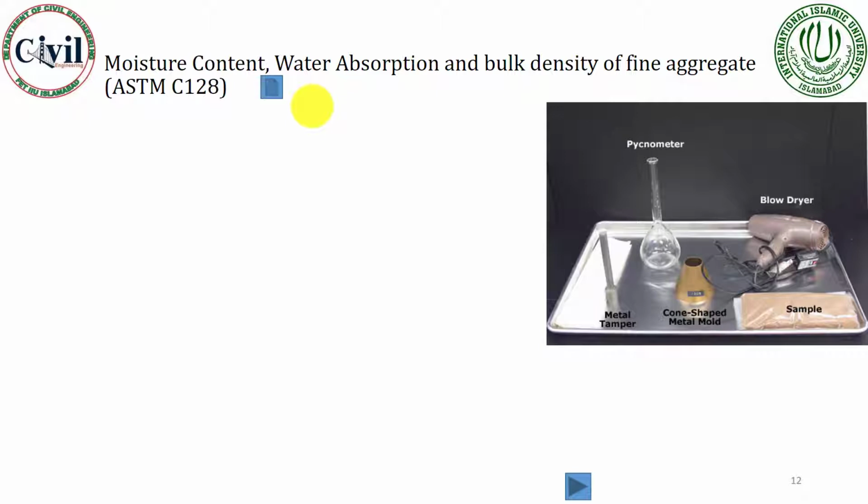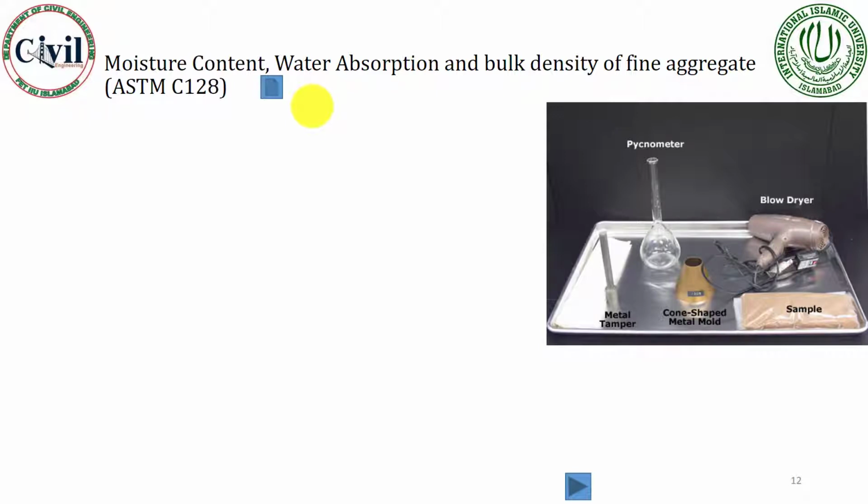Moisture content is basically the amount of water present in any specimen. Water absorption is different from moisture content. Moisture content is relevant to the water uptake of aggregates from the atmosphere. On the other hand, the water absorption is basically the SSD absorption.